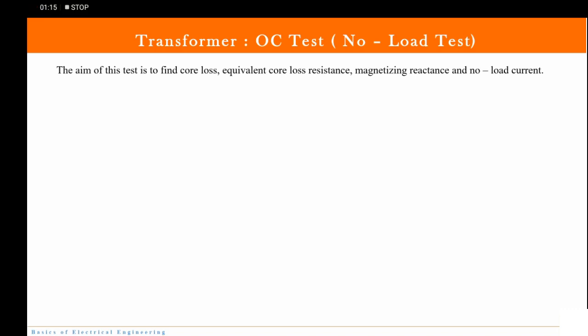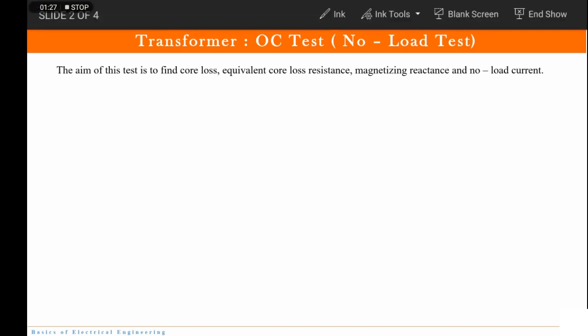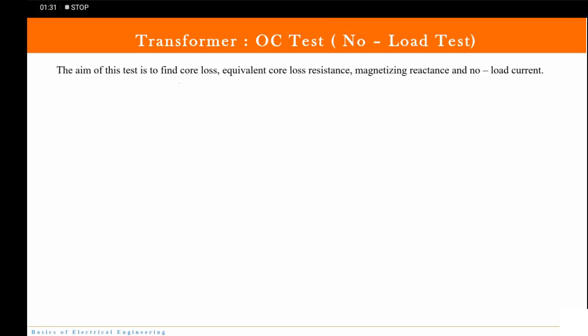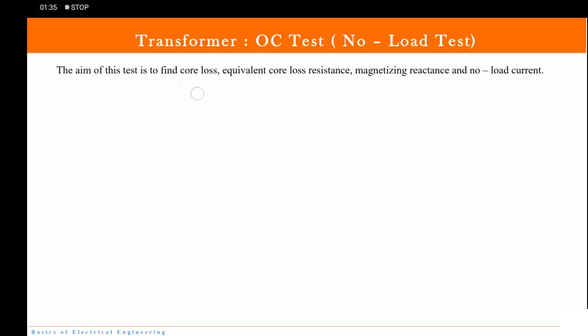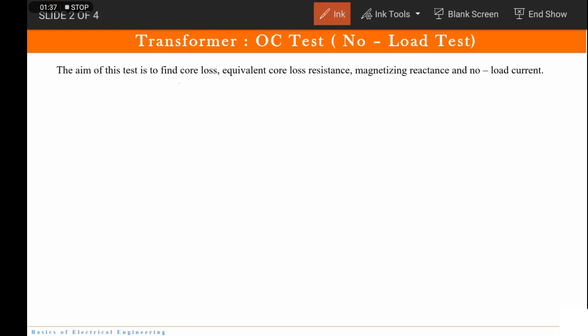Now in addition to core loss, we also find equivalent core loss resistance, magnetizing reactance and no load current. How are they represented? Core loss is represented by Wi, where i stands for iron loss.